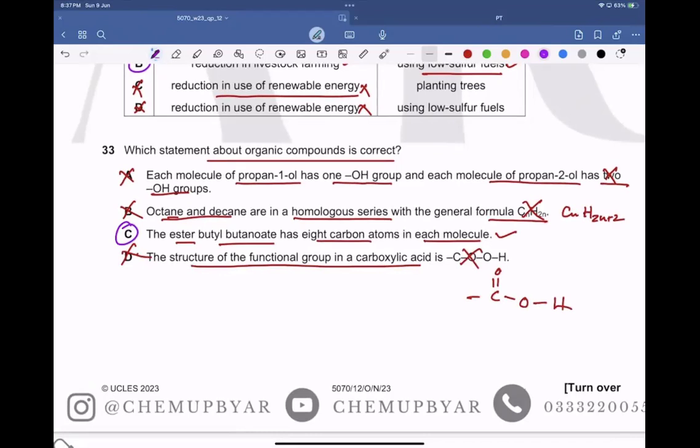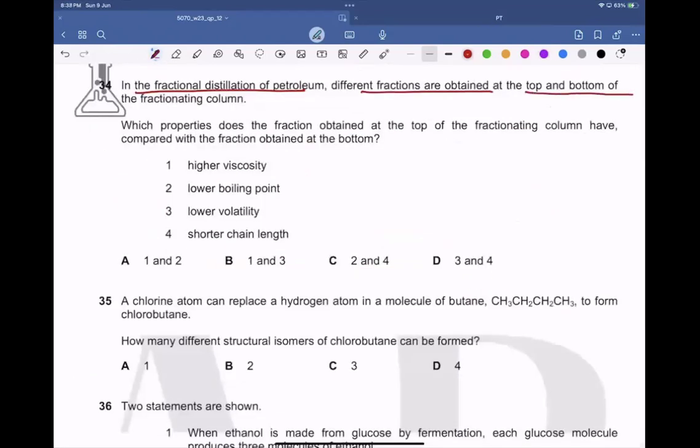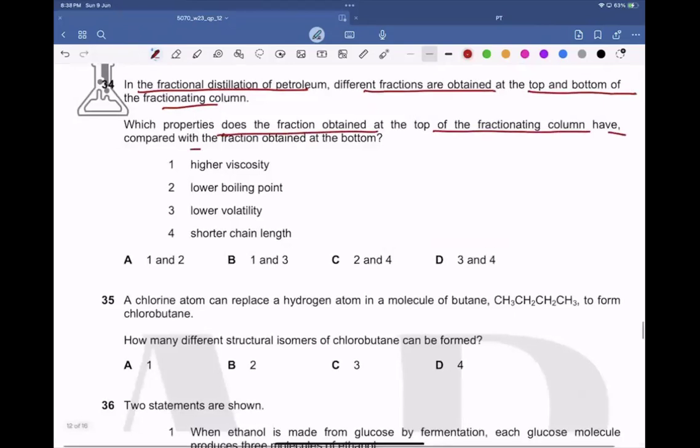Now, question number 34. In fractional distillation of petroleum, different fractions are obtained at the top and bottom of the fractionating column. Which properties does the fraction obtained at the top of the fractionating column have compared with the fraction obtained at the bottom? The ones at the top do not have high viscosity.